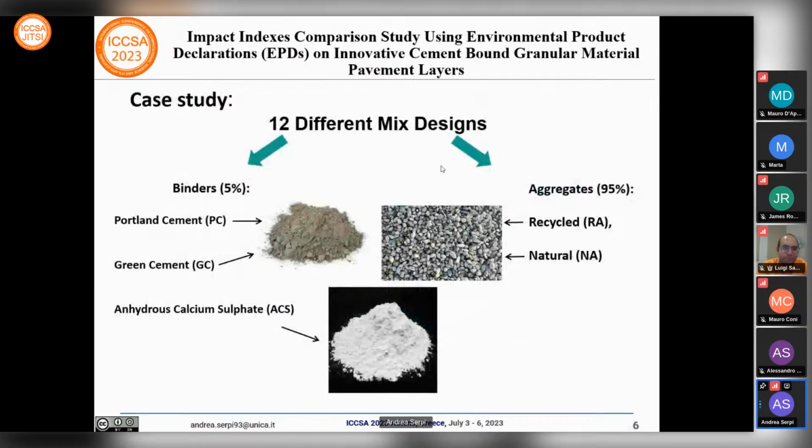In the present case study, 12 different mix designs were analyzed. A typical traditional mix design is composed of binders in 5% of mixed weight and aggregates in 95% of mixed weight. In this case, binders are Portland cement, green cement, and anhydrous calcium sulfate, and aggregates are divided into recycled aggregates and natural aggregates.